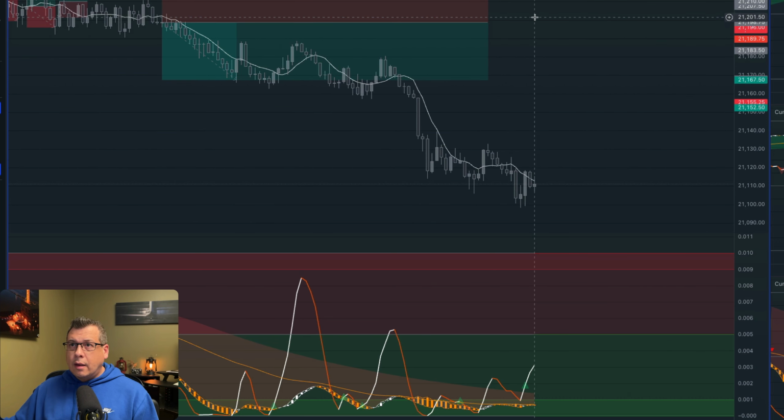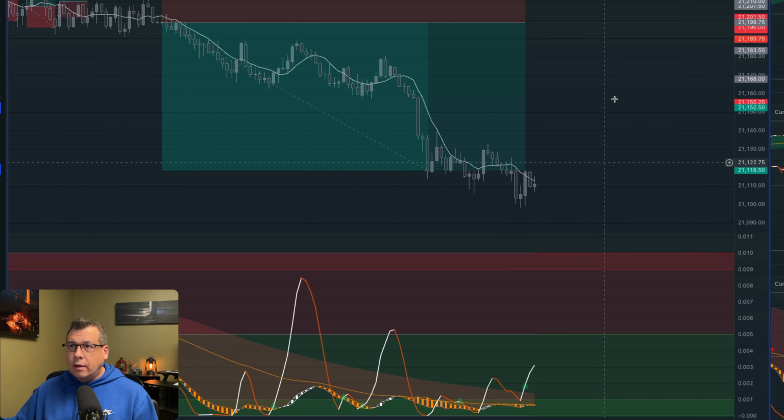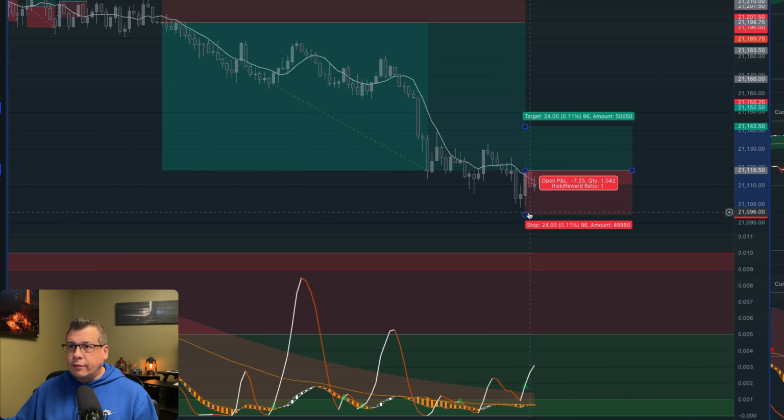Okay. There we go. We got a tick up above the delta right here, and that is our delta squeeze. So I'm going to flip long there.